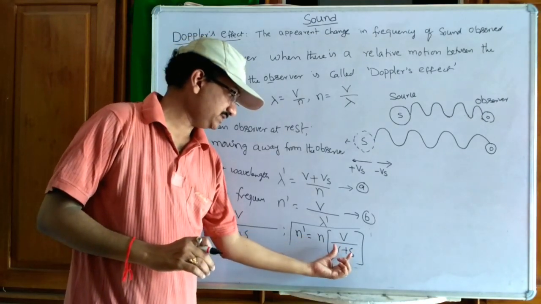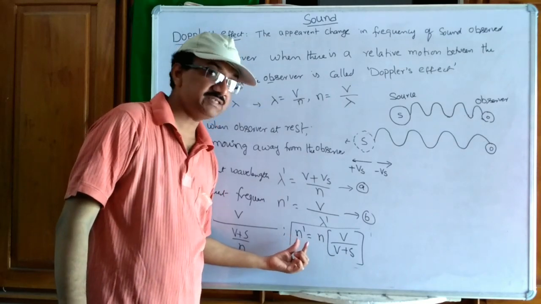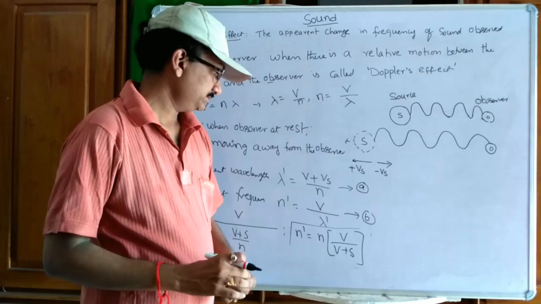Here V plus Vs means here the denominator value increases, then the frequency, the apparent frequency decreases here.